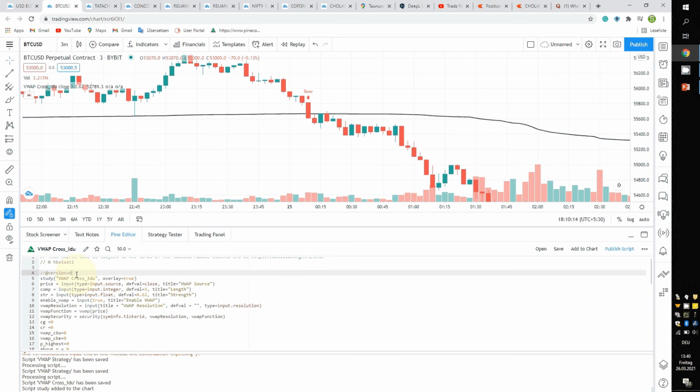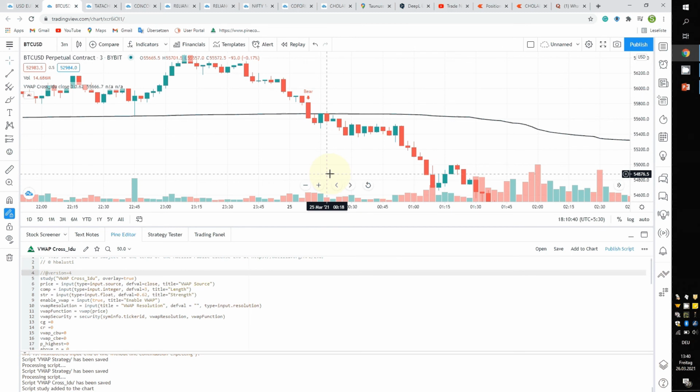Next part is a study. Basically they provide two different types here. One is study and one is strategy. Study is something which will be implemented on the chart. It can be implemented as an overlay, which is something that comes over the chart, or as a separate window.